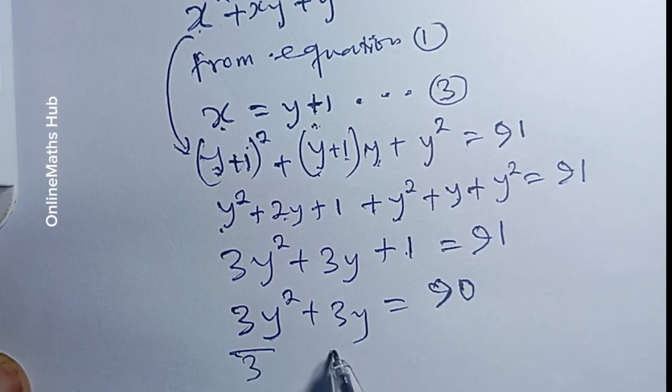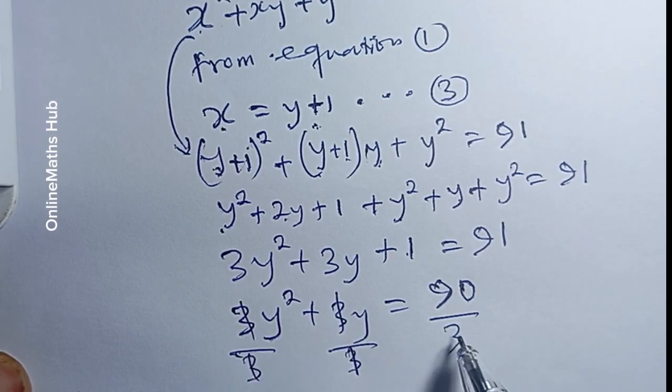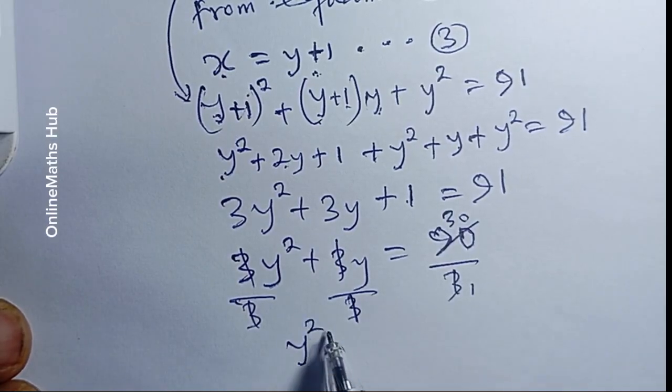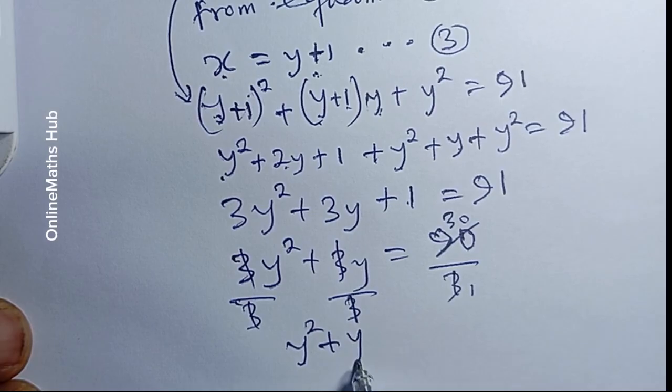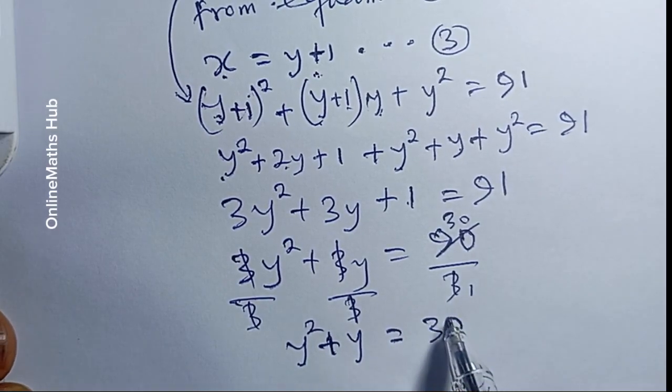We can go ahead and divide through by 3, so that we have y squared plus y is equal to 30.